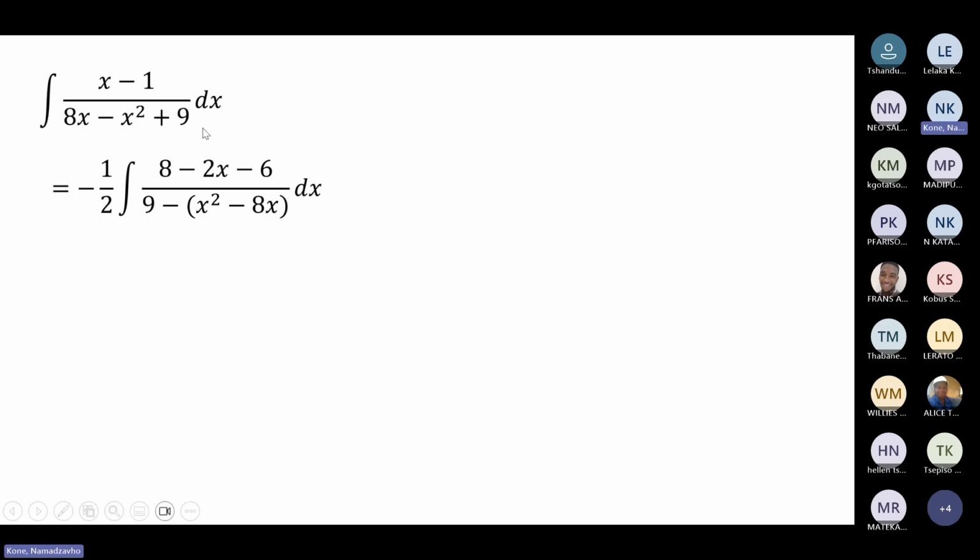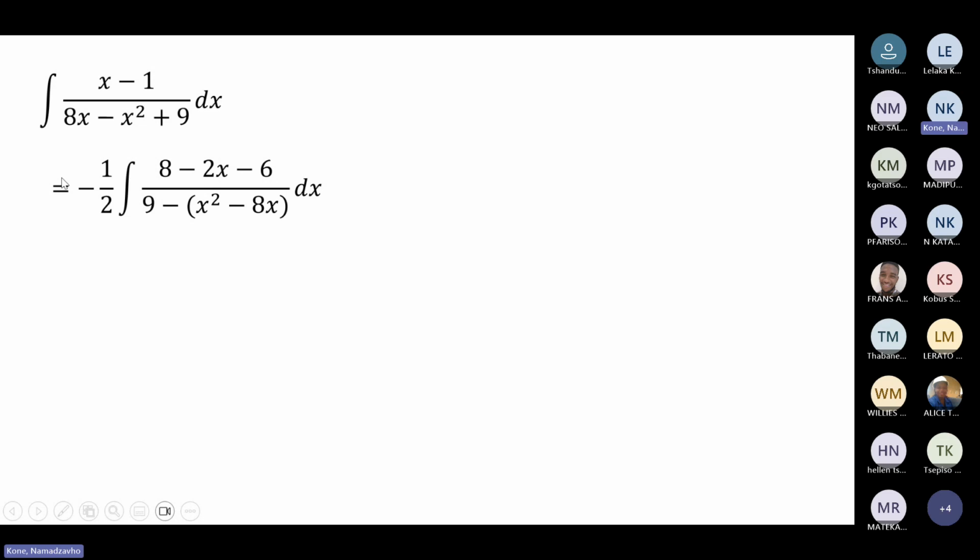The derivative of this thing is 8 minus 2x. And what we have here is x minus 1. So we need, firstly, the change of sign. There must be a negative sign that must move out of here, so that this becomes 1 minus x, so that we get the minus 2x first. So when we factor out the negative sign, that is where we get this minus sign that you see here.